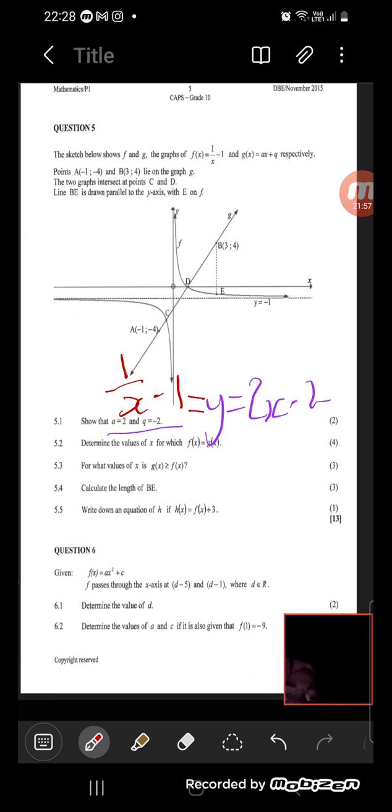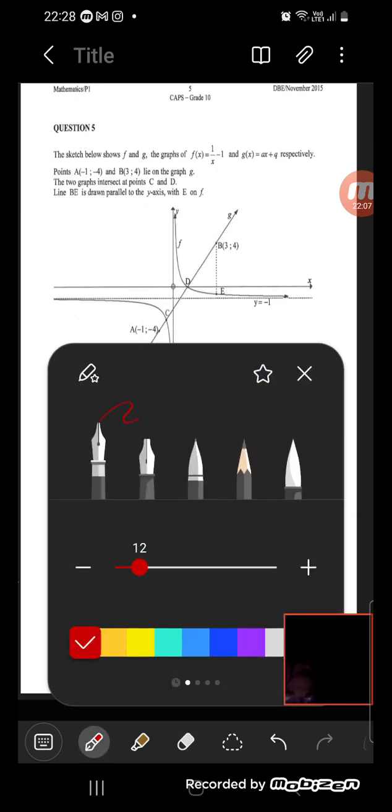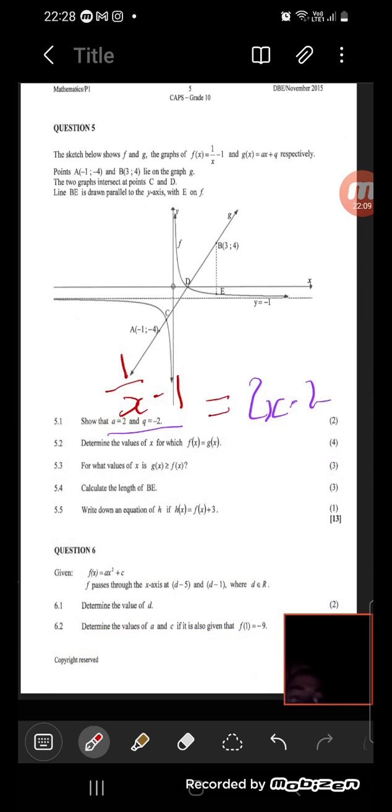Okay, so let's take out that y, because the y's are the same. So this is where these 2 are equal. And where are they equal? Okay, so solve for x. You just got an x here. So 1 over x minus 1 is equal to 2x minus 2.